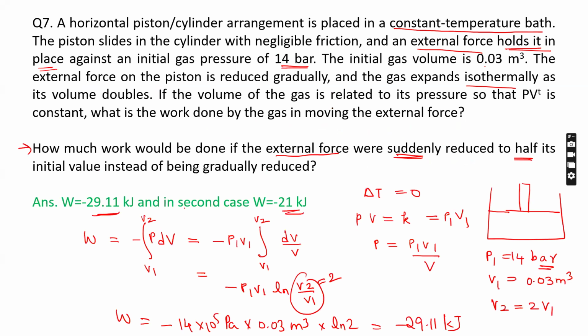So we can see where the two systems have a difference. Generally we write like this: V1 is here, 14 bar and 0.03, and V2 is more, with P2 being half of this.